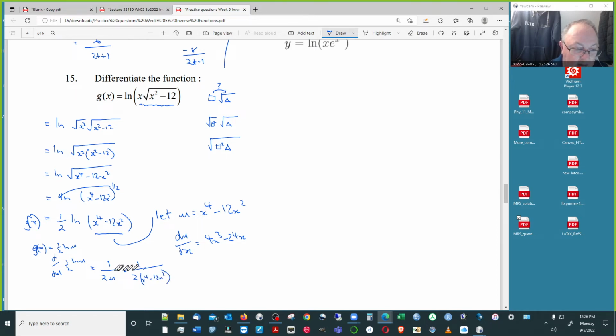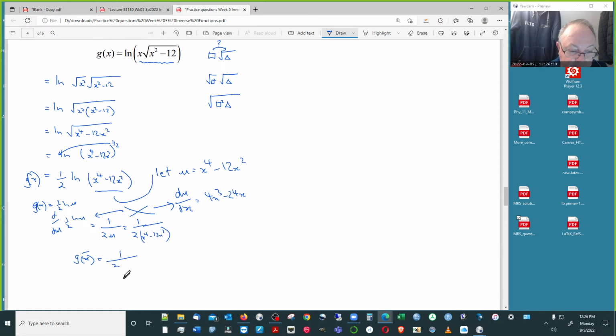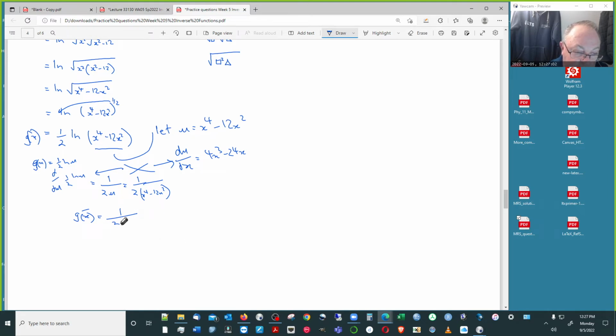Now they're a product, it's the chain rule. So g'(x) is going to be this one here, times this one here, and so you'll get what's common there? 4?